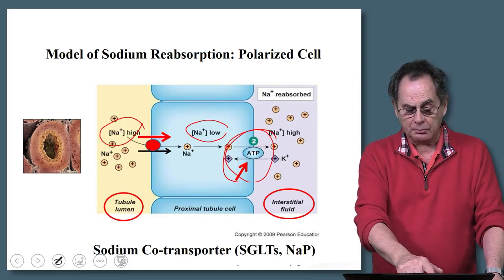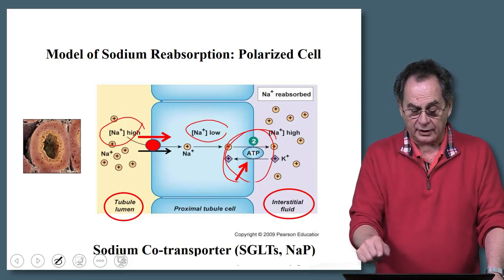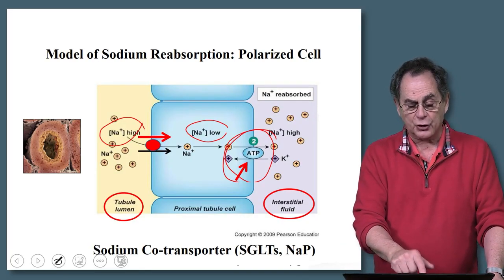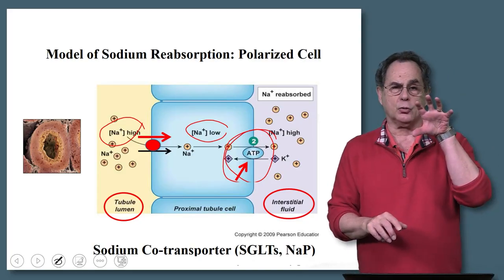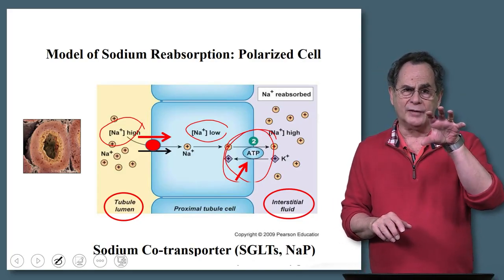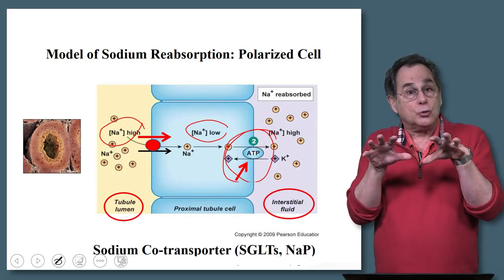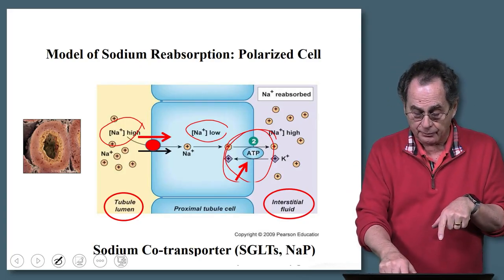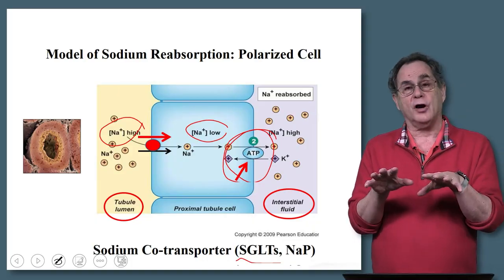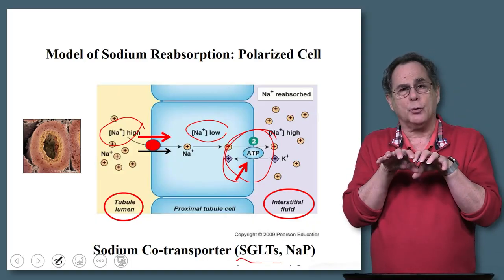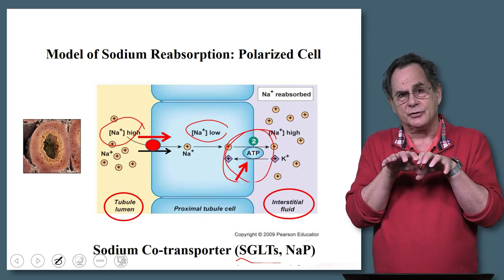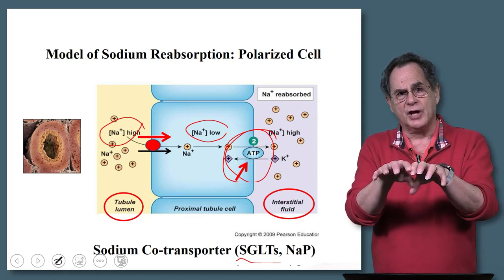And that sodium moves down a concentration gradient, and in this particular case, there's a co-transporter. So it's the gradient of sodium that drives the movement of sodium from the lumen into the cell. And if you like, glucose or phosphate hop onto that transporter and utilize the gradient in sodium to enter the cell.